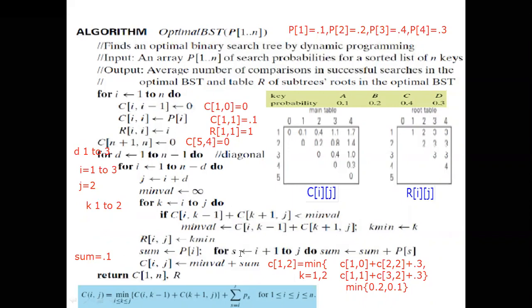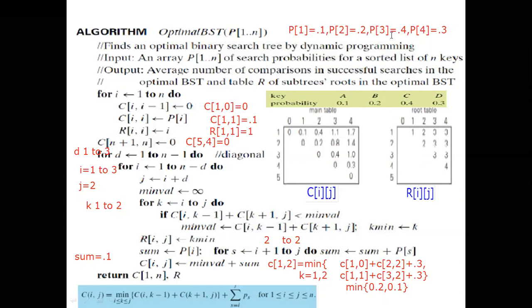Now for s is equal to i plus 1. What is i plus 1? i is 1, so it is 2. I will write here 2 to j. What is the j value? That is also 2. That means 2 to 2. Sum is equal to sum plus P of s. What is the s value? 2.